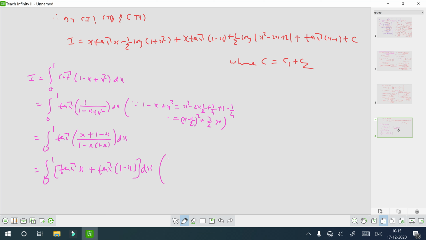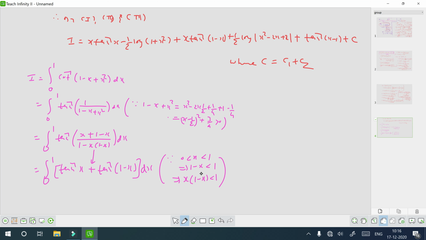Put the reason because 0 less than x less than 1 implies 1 minus x less than 1. So x into 1 minus x is also less than 1. So we can write from this one to this thing.